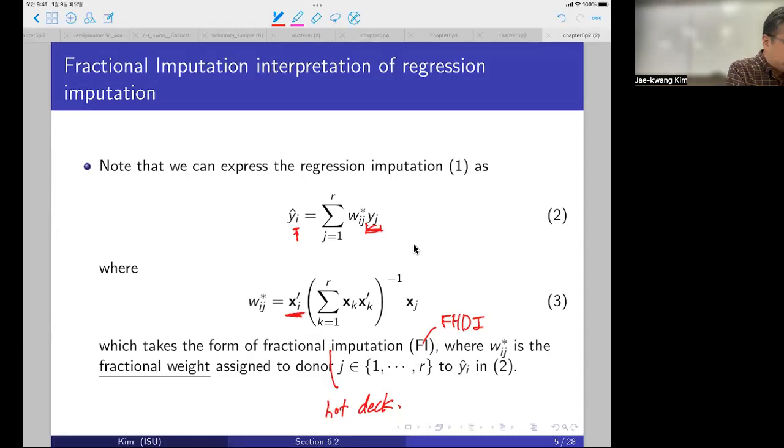For y_j, we have x_j, and we use x_j, and then this is our weight. Note that this is 1 by p, this is p by p, and this is p by 1. So at the end of the day, you just apply some scale of weights to each element.